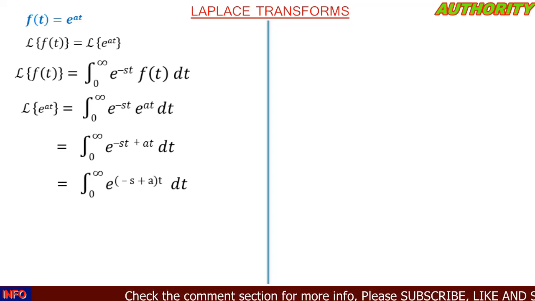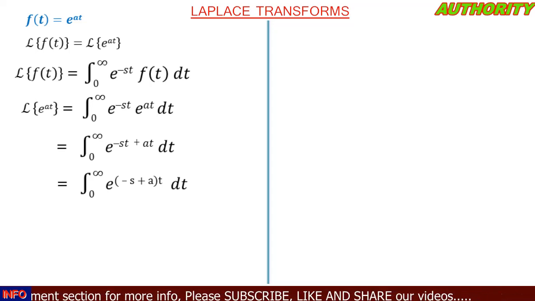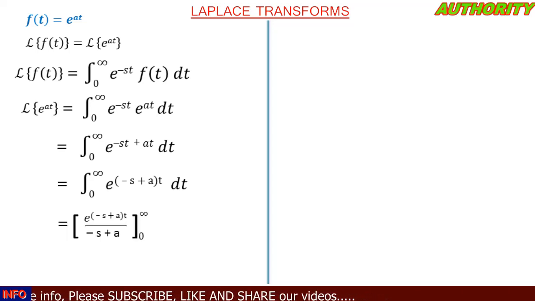Now, integrating properly, our variable is t. So the coefficient of t is what we're going to bring down. Integrating properly, we have e raised to the power minus (s plus a) t all over minus (s plus a), and then our boundary 0 to infinity.